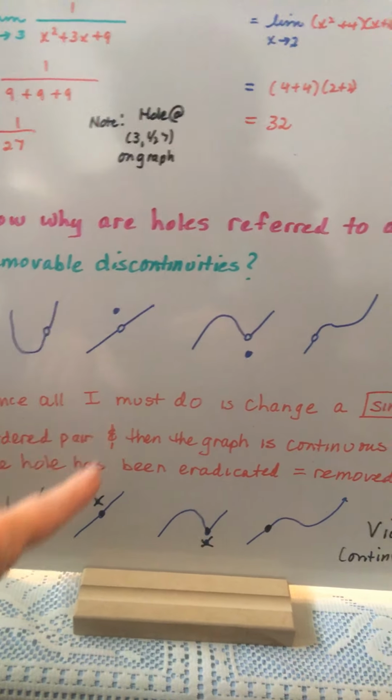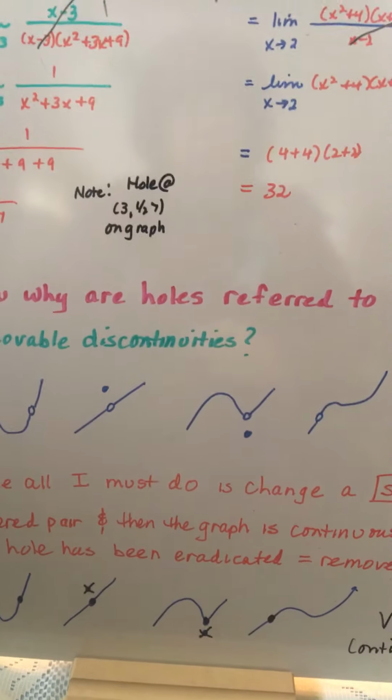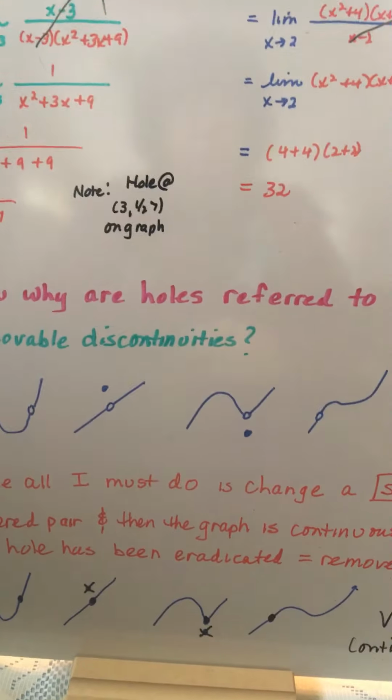This is why we talked about the theorem. They differ at all but a single point. Here's the continuous graph that we directly substituted in at the very end of the problem, and this is the original problem before we factored and reduced. So holes are akin to continuity in the fact that they can be repaired if you define or redefine the ordered pair.